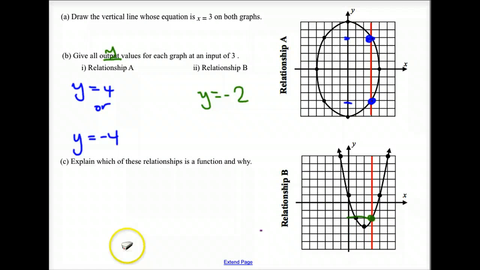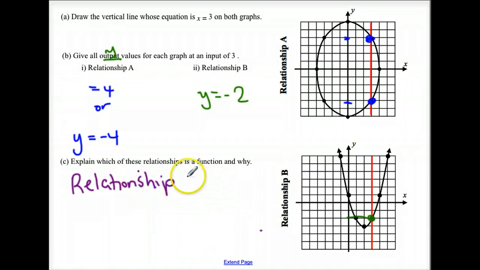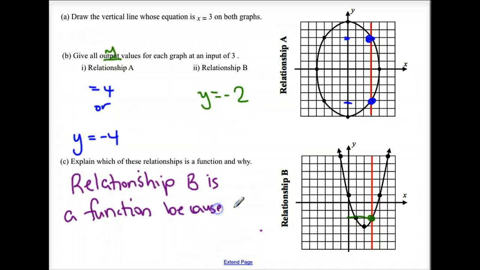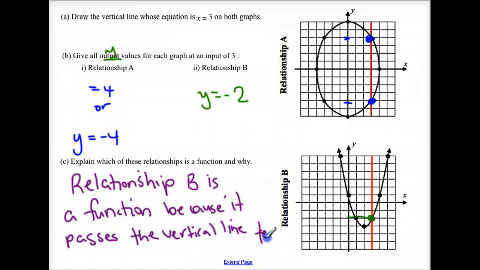So looking at this, I know that relationship B is a function because it passes the vertical line test.